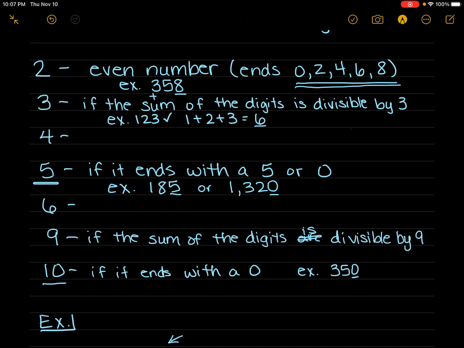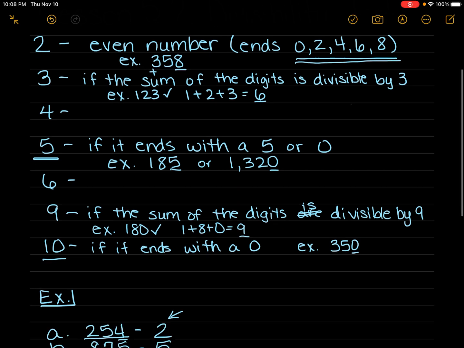If the sum of the digits is divisible by 9, okay, because this is for 9. So for example, if I had 180, I would do 1 plus 8 plus 0. That equals 9. 9 is divisible by 9, so 180 is divisible by 9. Okay, we'll do some more of those down here.